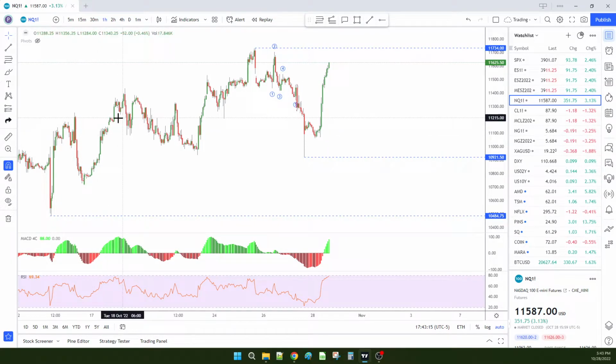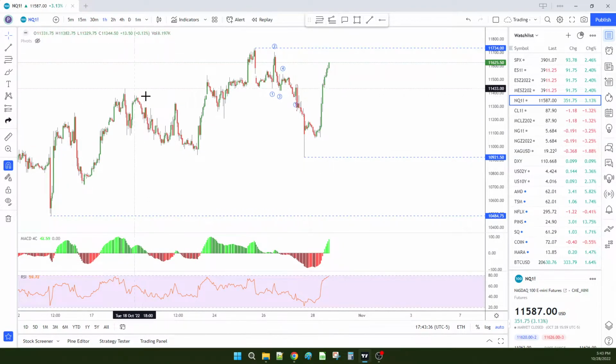But here you can see that this came down and broke this low. So this is 1, 2, 3 up, WXYXZ coming down. So 1, 2, 3, WXY coming down.